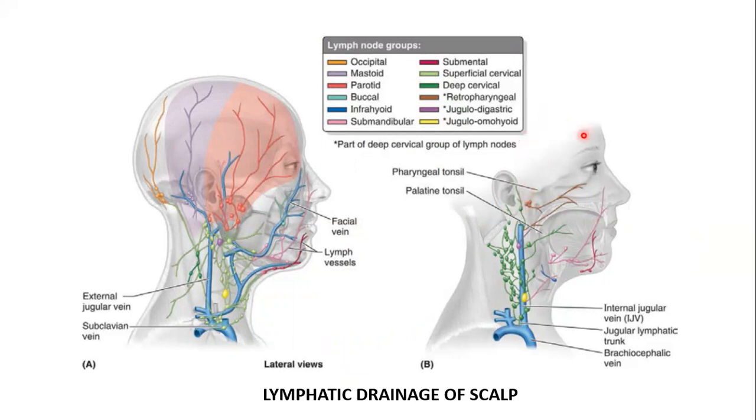The area behind that drains into the mastoid and the occipital lymph nodes. These are the lymphatic drainage: post-auricular, mastoid, and occipital.